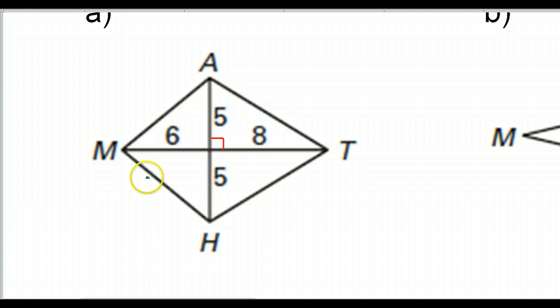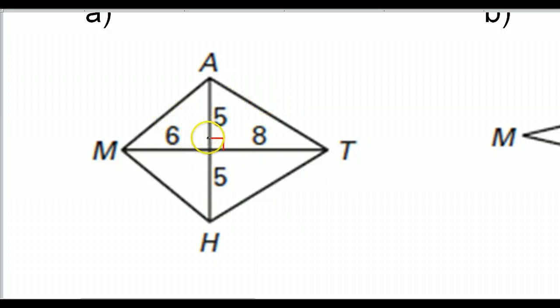Also, one diagonal is an angle bisector. Not both diagonals, that's only for a rhombus, but in this case, MT is going to be an angle bisector. But since we're just dealing with lengths for this one, sides, we will probably wind up just doing the Pythagorean theorem a couple of times.